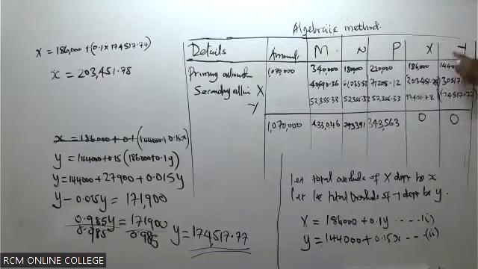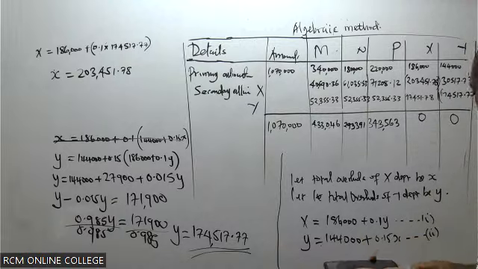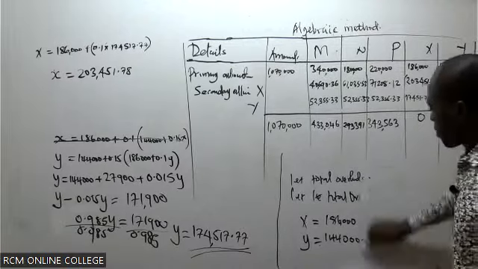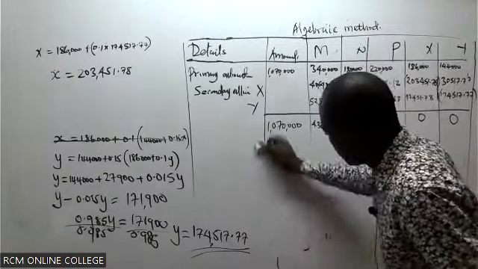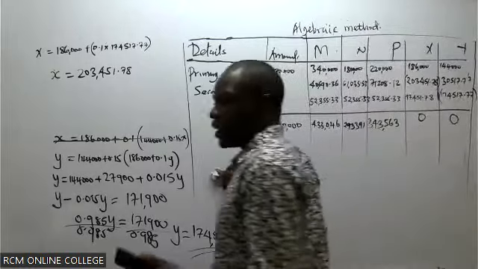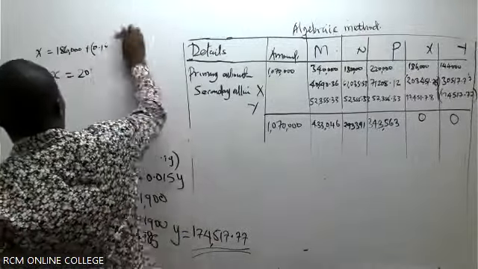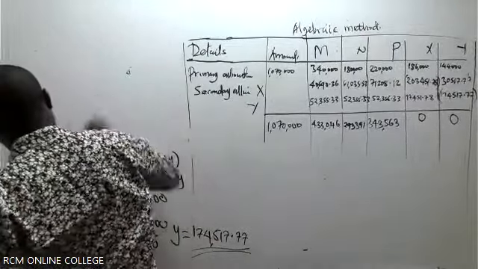For benefit of doubt, try to add these ones here and confirm if you're getting these results that I've indicated here. Try to add them, and see if you'll be able to arrive at the same figure as mine.